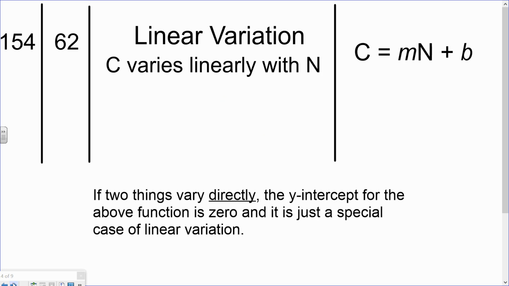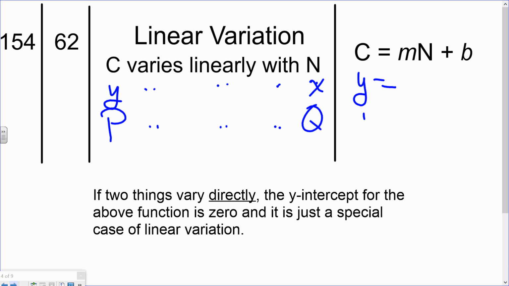So if this had been y varies linearly with x, we would have started out with y equals. If it were p varies linearly with q, we would start out with p equals. When you had your direct variation, your inverse, or your joint variation, whatever they said, m varies, you started off with m equals, right?